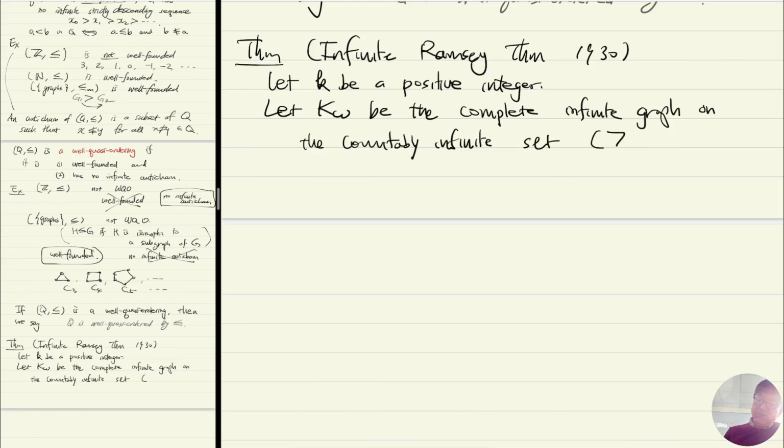If you're not sure what it is, think of, for instance, the set of natural numbers.